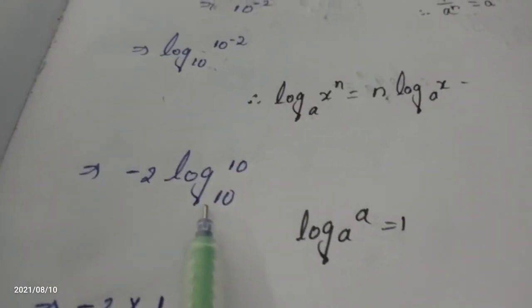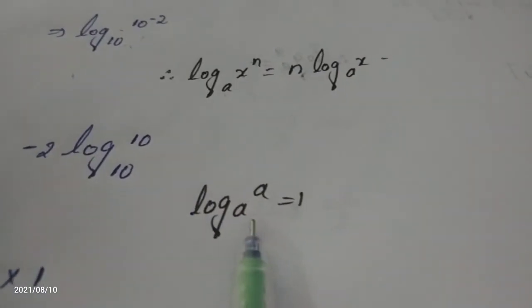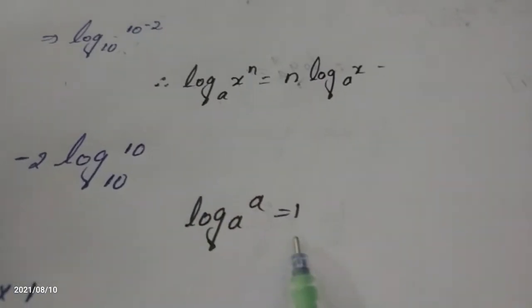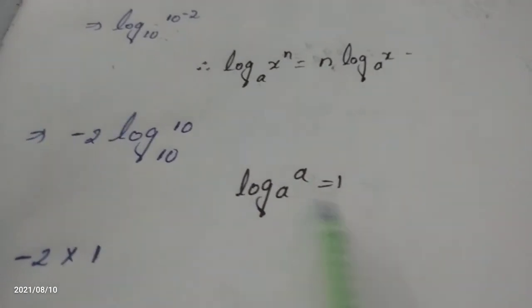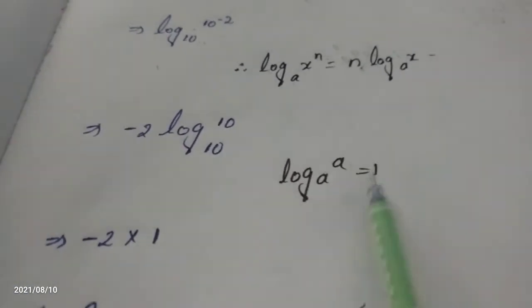Up to that, clear? Here we use another formula: log a to the base a is equal to 1. So log 10 to the base 10 is 1 according to this formula.